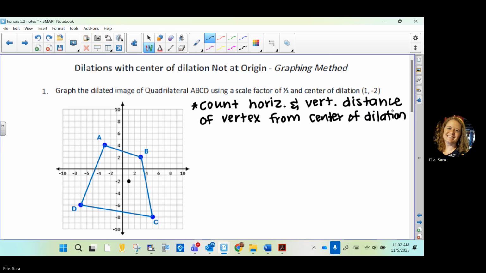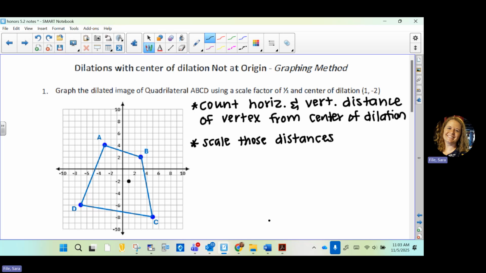Then, after you have counted that vertical and horizontal distance, you are going to scale those distances. So scaling them means multiplying by the scale factor, right?